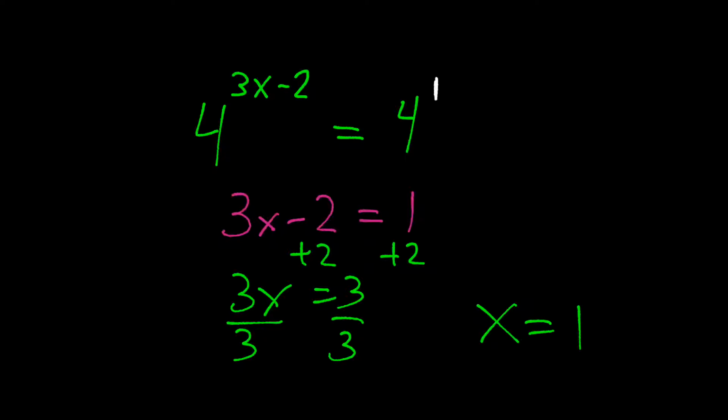Now, we should probably check just to make sure that it works out properly. If I put 1 in for x here, 3 times 1 is 3, 3 minus 2 is 1, so this side becomes 4 to the first power, which is exactly what this side is. So it works out. Excellent. Alright, let's try another.